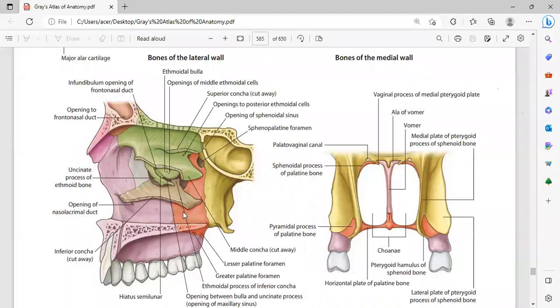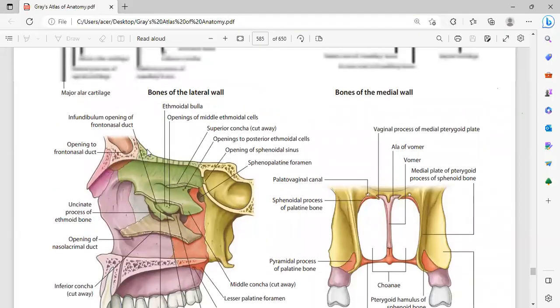So it's broader and there is more space between the floor and the inferior nasal concha. Because of that, when we intubate through the nose, the tube is usually passed here along the hard palate. If you pass it here, you will not have enough space. So we pass it here because the space is broadest here, and also there is more space between the inferior nasal concha and the hard palate. Okay, and now coming to the epithelium.